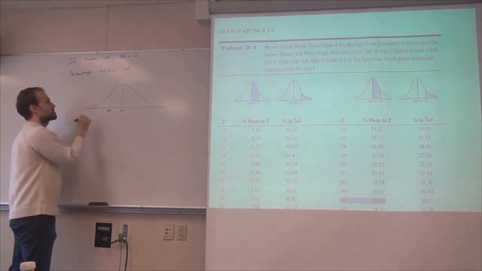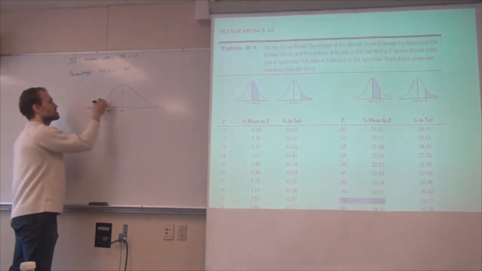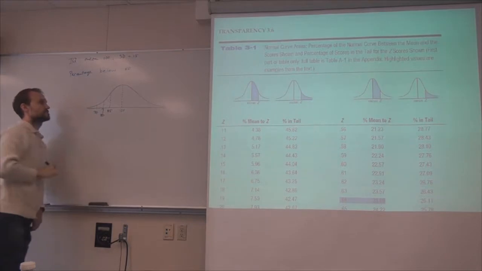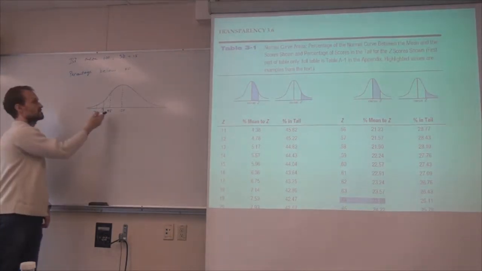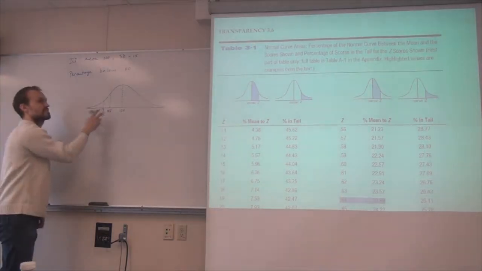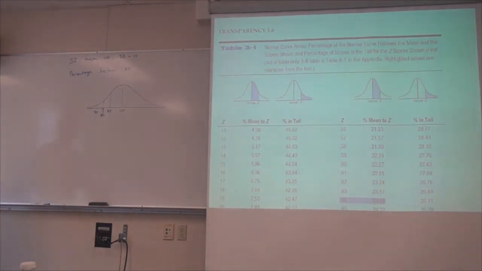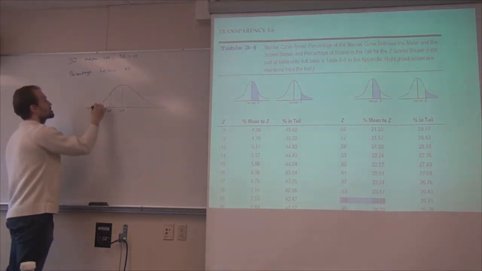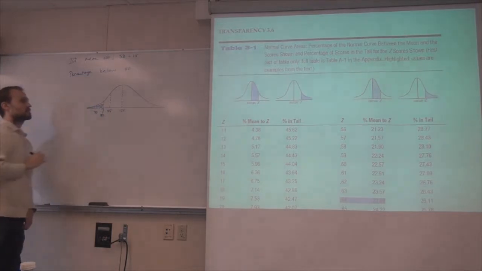Another one to the left will put me at 70. So my 80 is somewhere over here. I don't really care, just somewhere in between. I don't want to put it too close because then it looks bad. So I'm looking for the percentage below that. So I'm looking for that region.